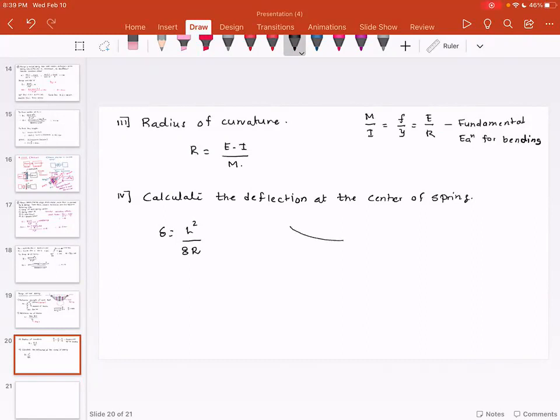So if you look at the leaf spring, this actually is the length, and R is the radius of curvature that we just found out from step 3. So with this, we should be able to design the leaf spring.